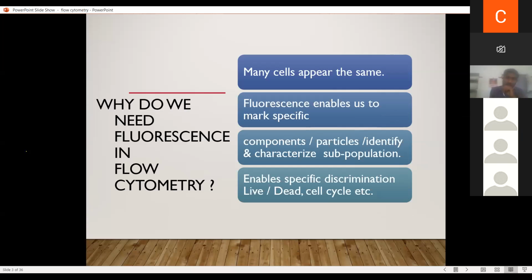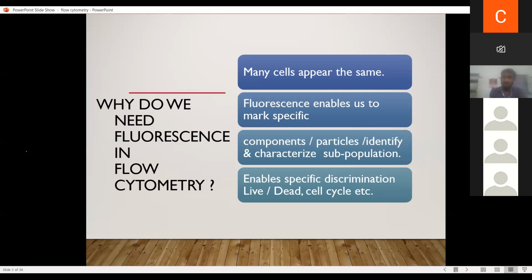So in whole, what I want to say is that with fluorescent molecules we can differentiate different cells on the basis of different physiologic cells or particles, or any way in which we want to characterize our subpopulation.